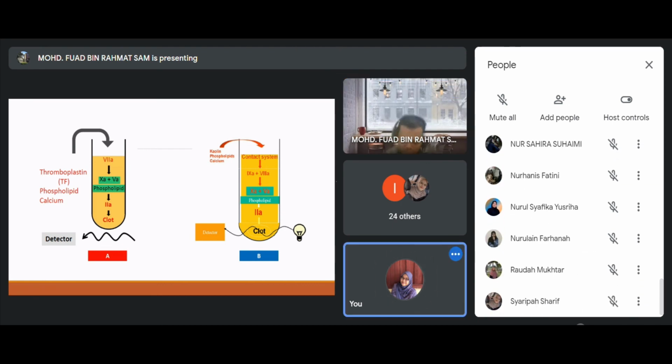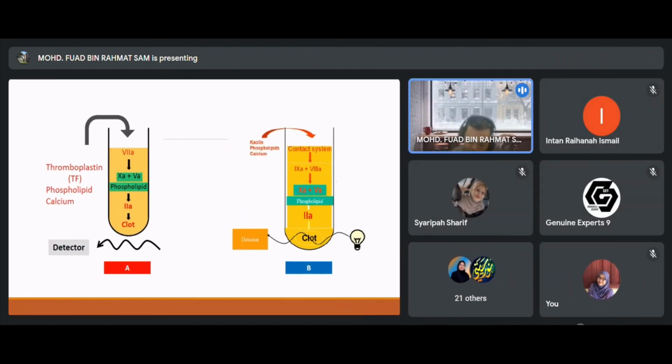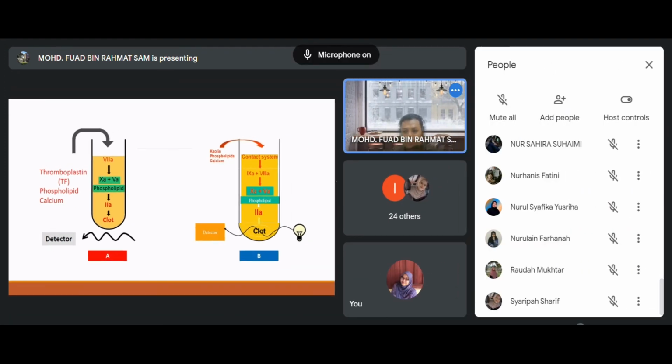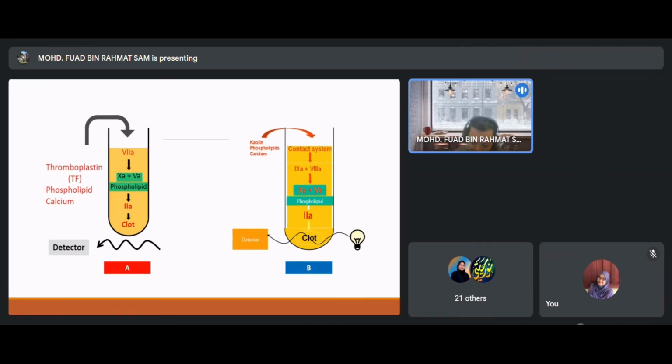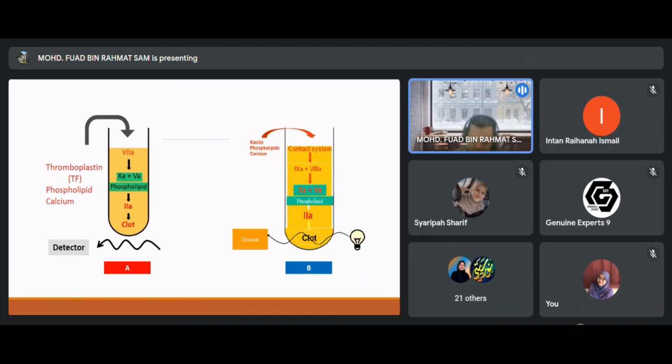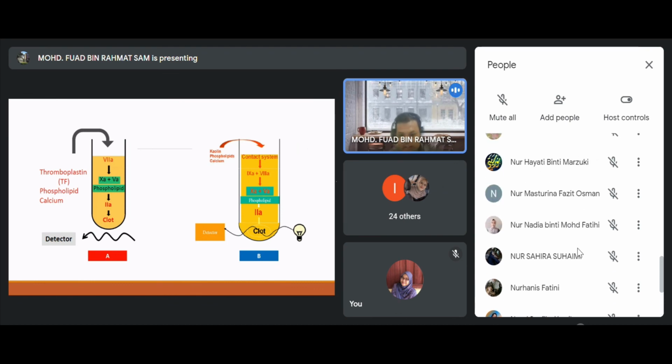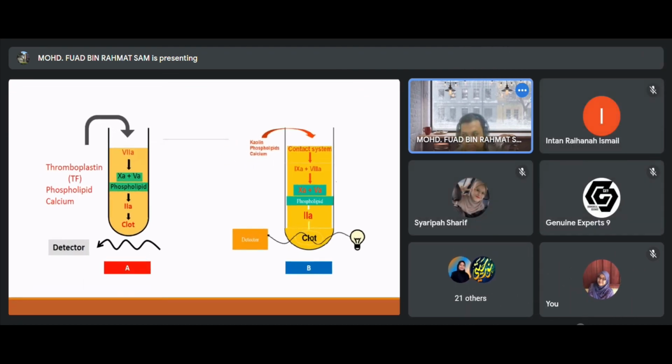Dia tak ada. Oh, okey. Maybe Liana Ruslan boleh? Oh, tak ada juga. Okey, tak apa. Nanti maklumkan pada saya siapa yang tak ada ni. Hanis Fatini ada?